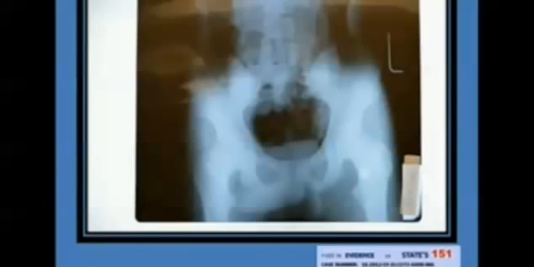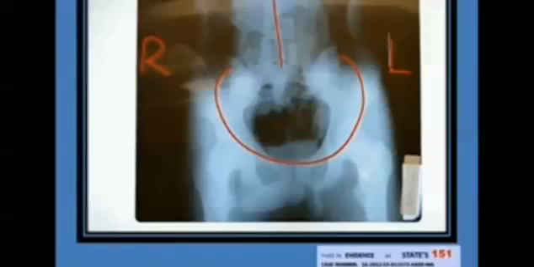So this is an x-ray, again taken with Jordan Davis in the anatomic position. So what you're looking at would be the left side of his body here, as I've marked, and the right side here. These are the pelvic bones or the hip bones, and this is the lower portion of the spinal column. And then we have what we call the femur or the thigh bone, and so this is the left femur or thigh bone, and this is the right femur or thigh bone.